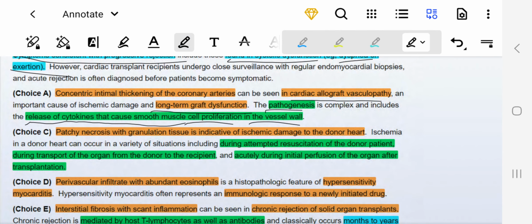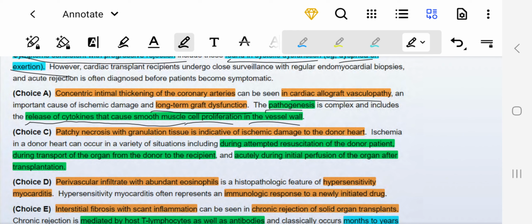The patchy necrosis with granulation tissue is indicative of ischemic damage to the donor heart, which I talked about. During attempted resuscitation of the donor patient, during transplant of the organ from the donor to the recipient, and acutely during initial perfusion of the organ after transplantation.